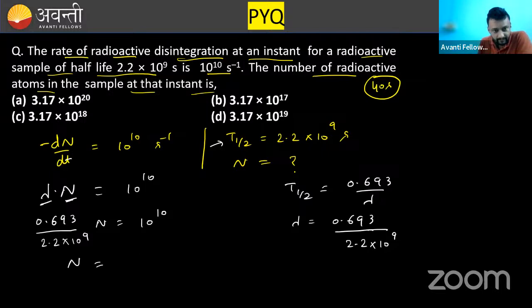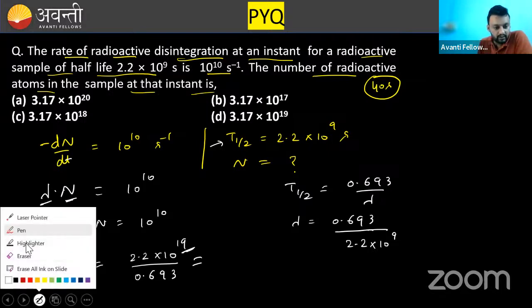N is going to be 2.2 into 10 raised to the power 19 divided by 0.693. Now you need to calculate it. I think the power is going to be 19. If I divide it, it will be around 3. So 3 into 10 raised to power 19.